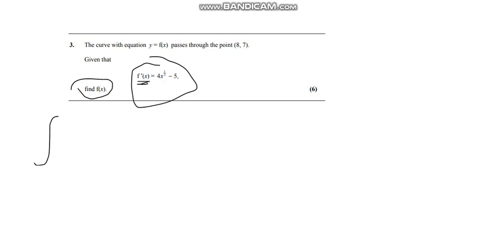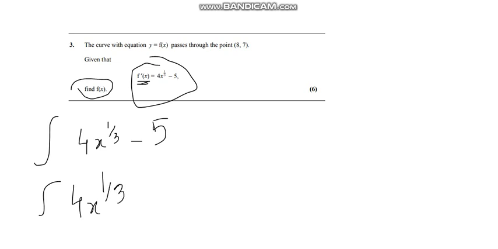Basically just put this sign, that's the integral sign, and integrate 4x to the power 1/3 minus 5. What I'll do here is I'll integrate these both functions separately. So I'll take the integral of 4x to the power 1/3 first.